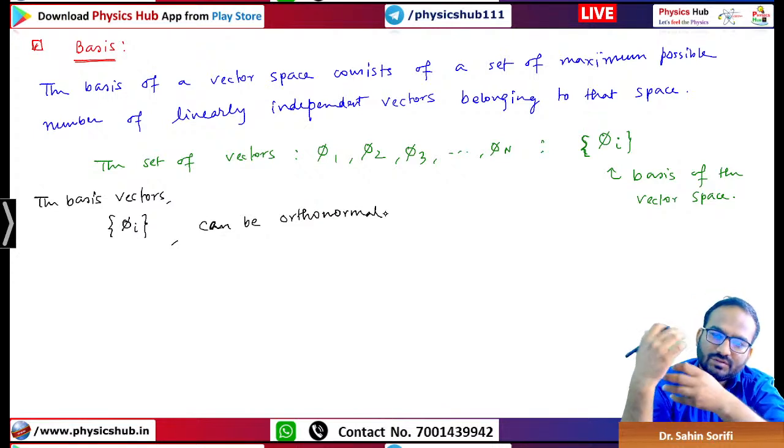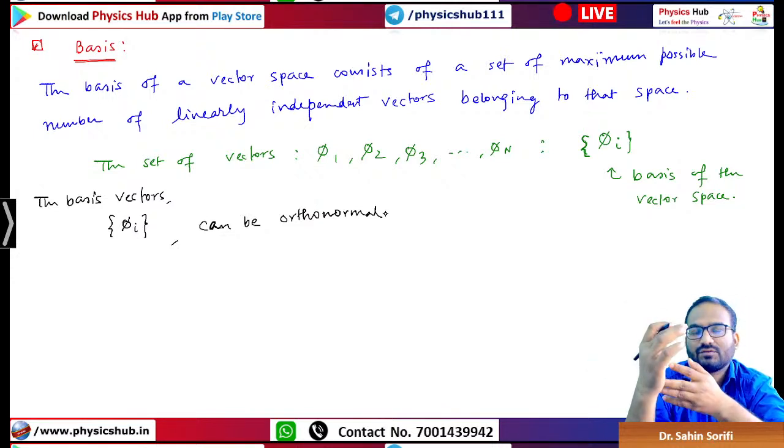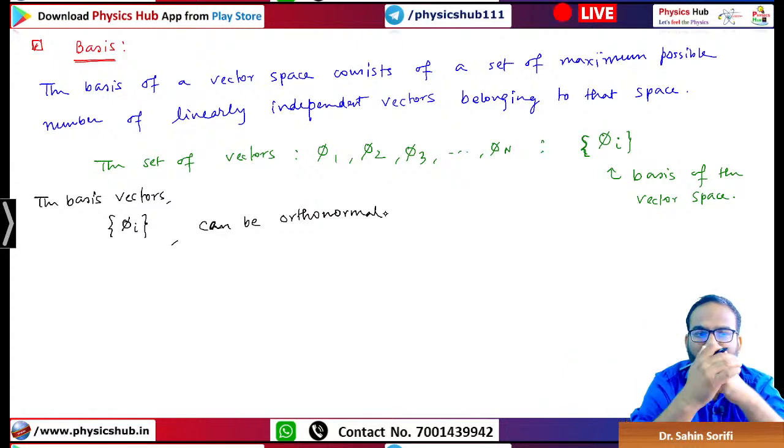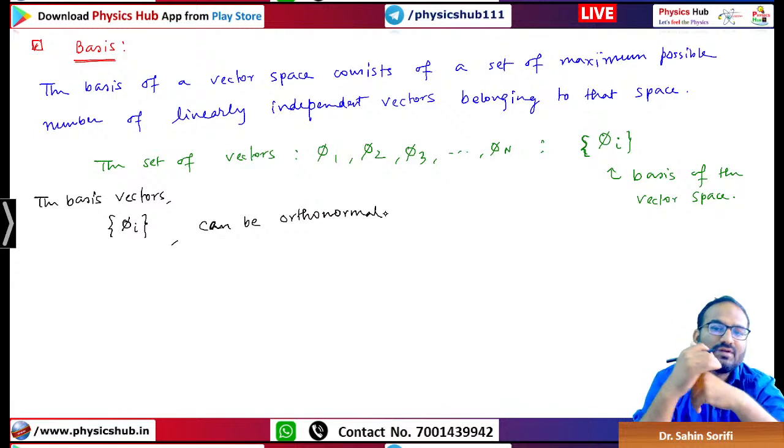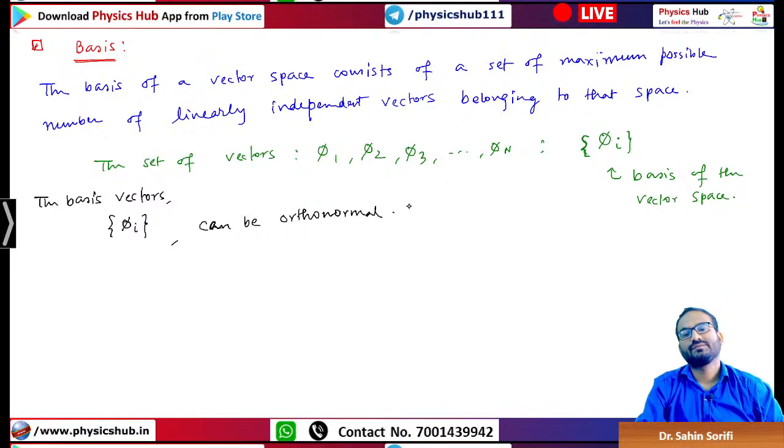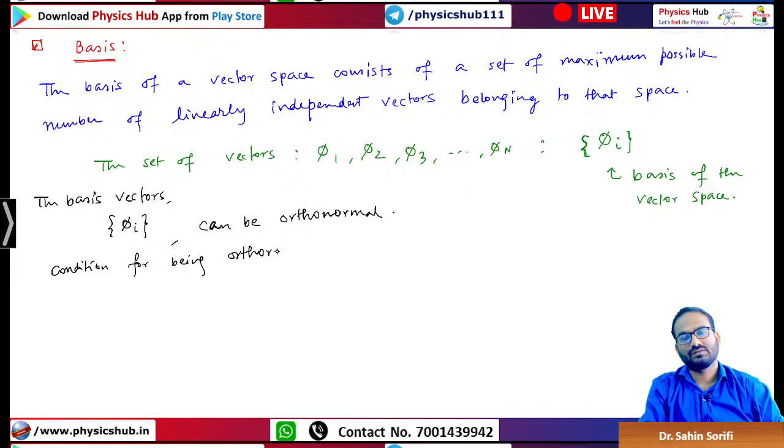So the basis vectors will be called an orthonormal basis if it contains orthonormal vectors, isn't it? So what is the condition for being an orthonormal set, orthonormal basis?